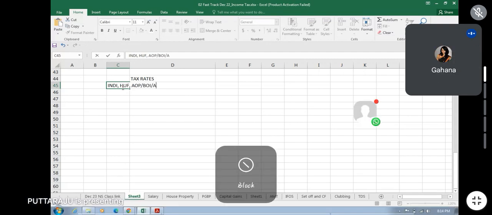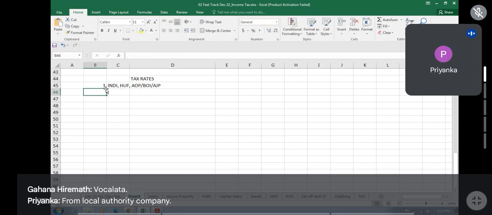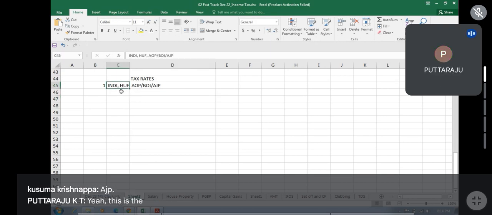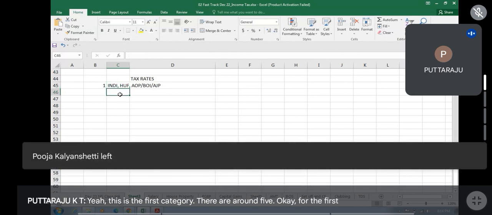Individual, firm, local authority, company, agency. Yeah, this is the first category. There are around five for the first category of persons.